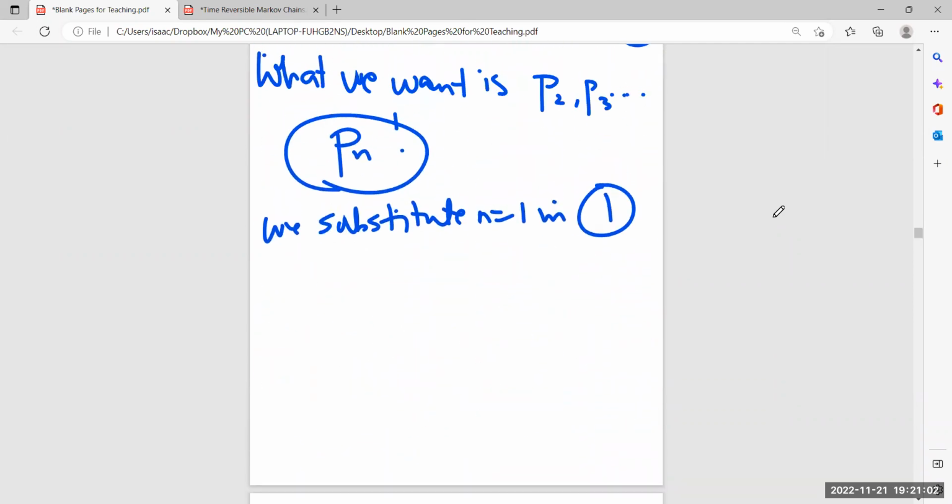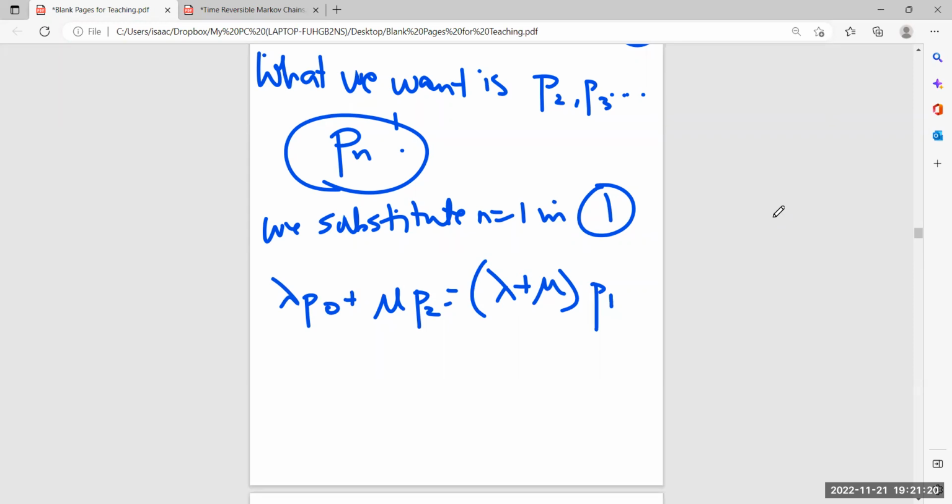So when we look at 1 that you wrote down just now, and you put n equal to 1, we get this expression here. Right?